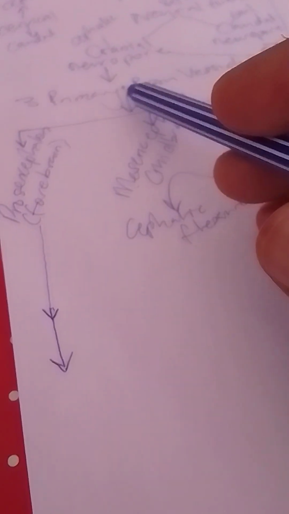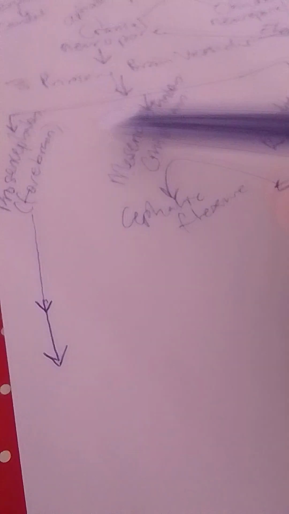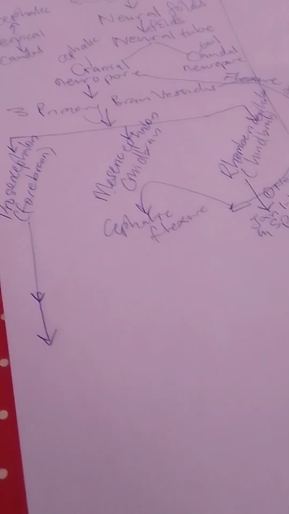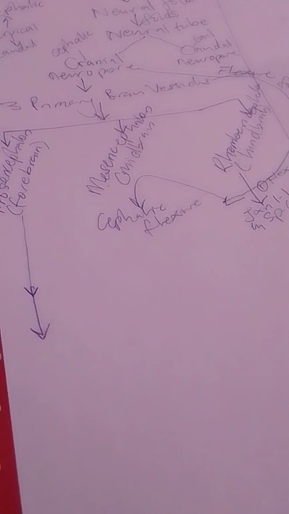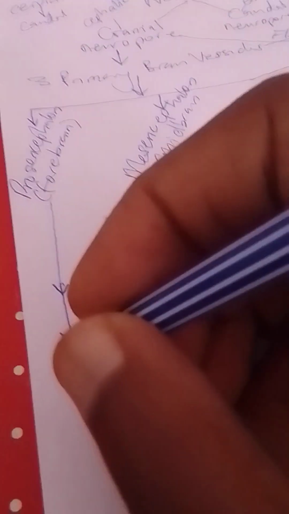Okay, so before we even get here, you need to know that the cranial pole, after differentiating into these three primary brain vesicles, will now go on to differentiate into furthermore 5 primary brain vesicles.